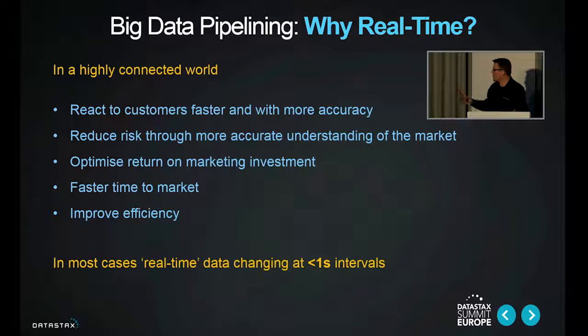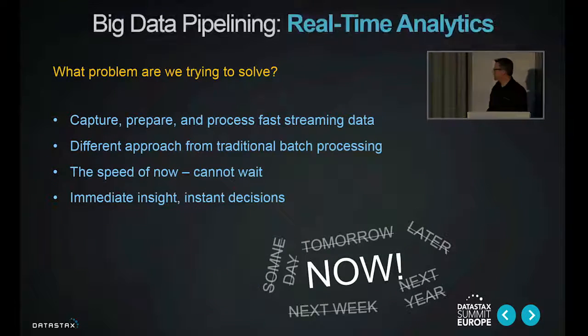And interestingly, for many organizations, the definition of real-time data is data that's changing at sub-second intervals. So for these sorts of use cases, analyzing it every 5 seconds or every 2 seconds just isn't quick enough. It has to be analyzed in real time, which means being able to react to that data as it's coming in at sub-second intervals.